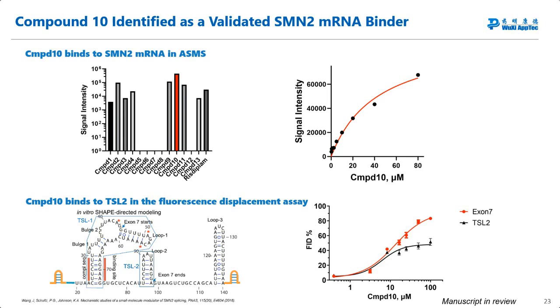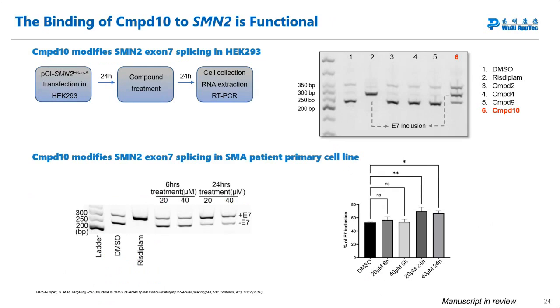And the dose response curve on the bottom demonstrates the binding of compound 10 to both RNA fragments with an IC50 consistent with what we can see in ASMS. So, we demonstrate a direct binding between compound 10 and SMN2 mRNA.